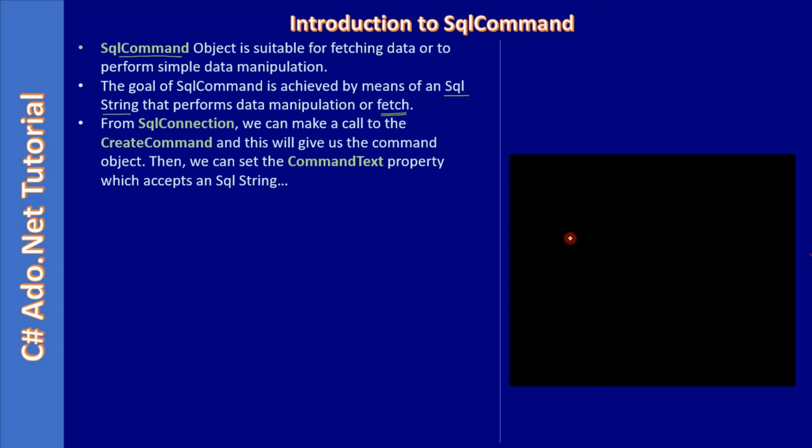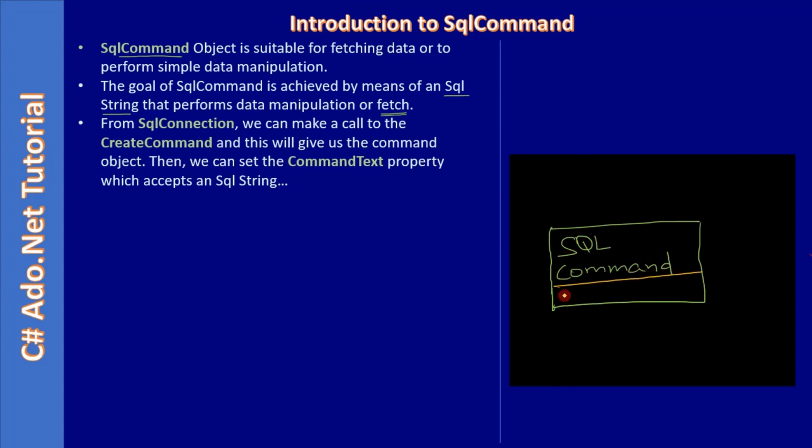If you see here, the important property on SqlCommand is the CommandText, and in the CommandText you can put any SQL command, say for example insert, update, select, whatever command you want to form, you can form it as a string and place that in the CommandText.